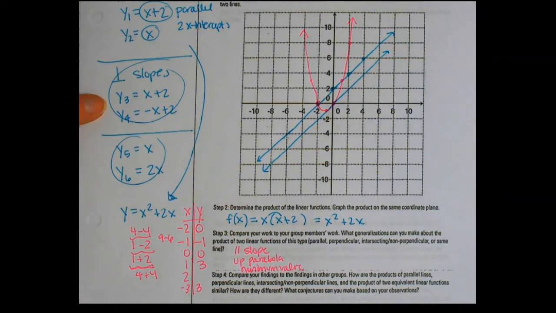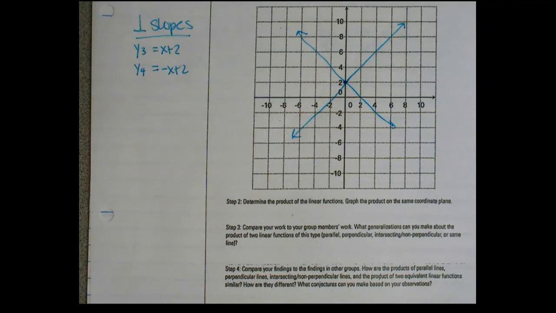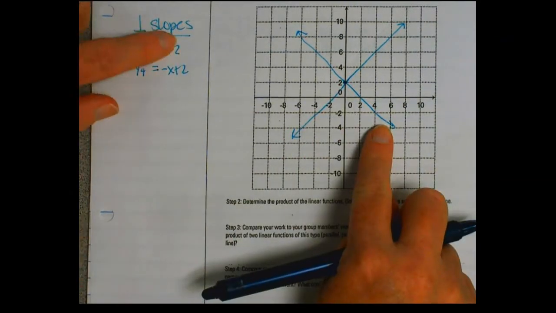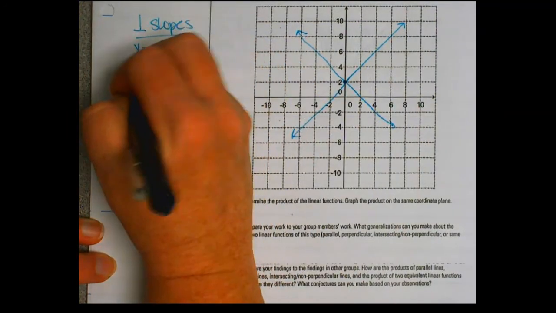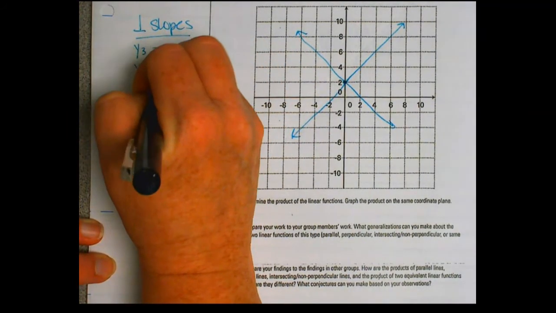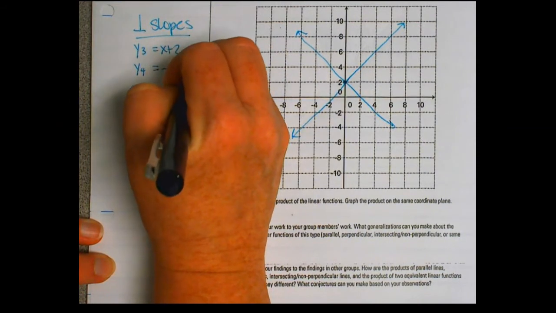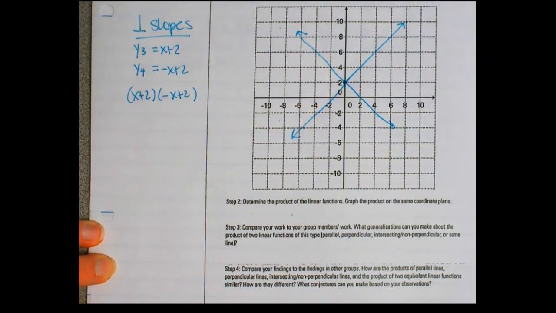Let's take a look at perpendicular slopes. The second person in my group might have these two lines. They have perpendicular slopes, +1/1 and -1/1. These are my lines with the same intercept, but different slopes. I'm supposed to multiply them together, so x plus 2 times -x plus 2. We usually call that FOIL, but it's really just the distributive property.